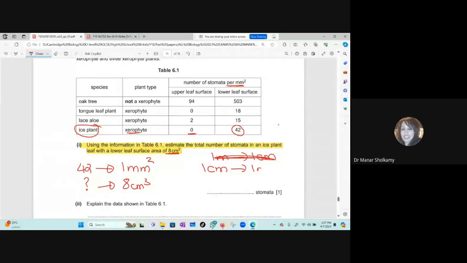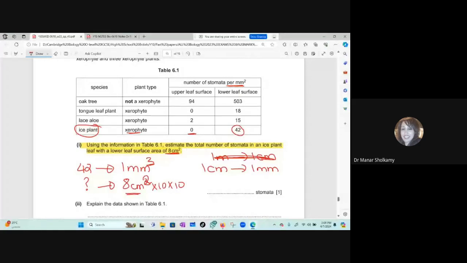We multiply by 10. But this was centimeter squared. So you're doing it 2 times. You multiply by 10 and then multiply by 10 again. So first you will convert the centimeter to millimeter. So 8 times 10 times 10 to convert it to millimeter squared.